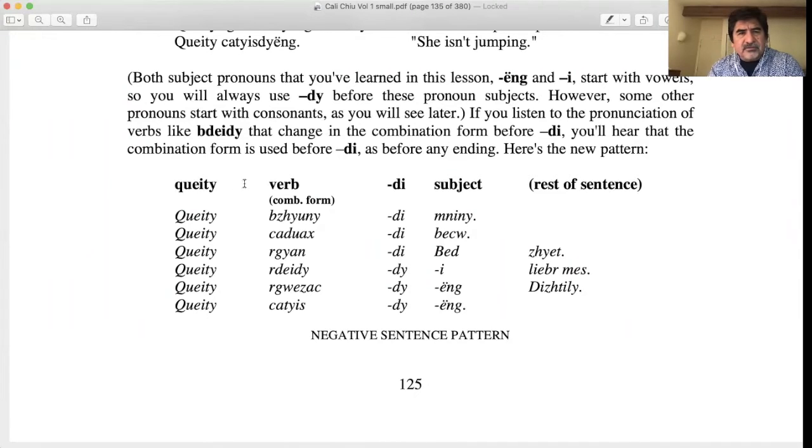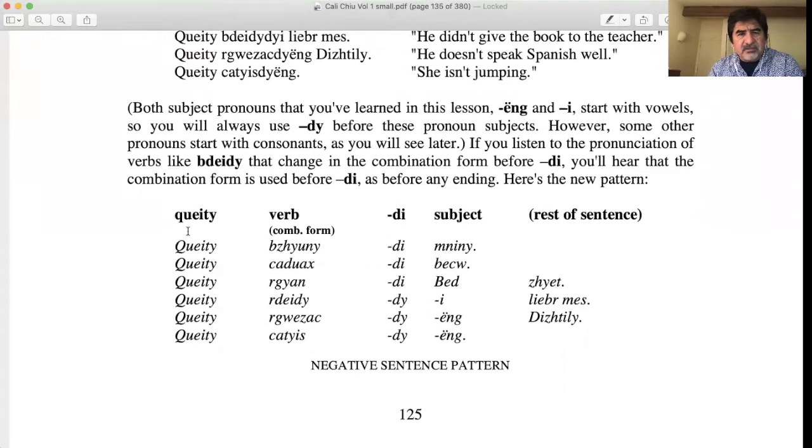So for example, we have the Kate, the no, and the verb. You can see a bunch of verbs here. And then we have the particle di or dy. This is the subject that comes right after the particle, and then the rest of the sentence. So for example, if the subject starts with a consonant, we use the di.